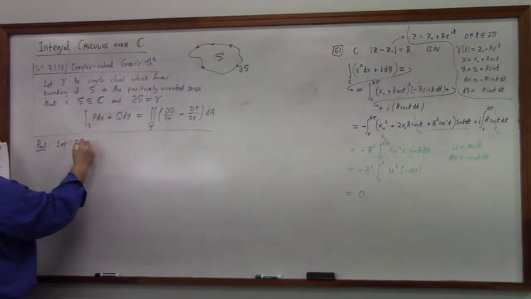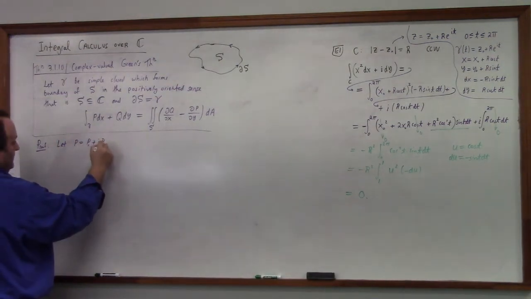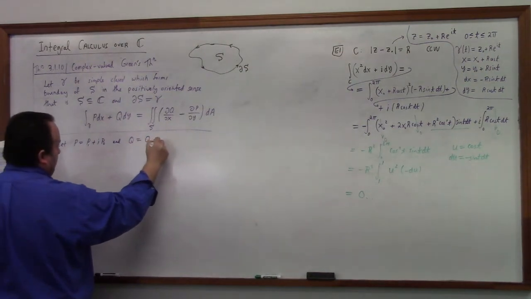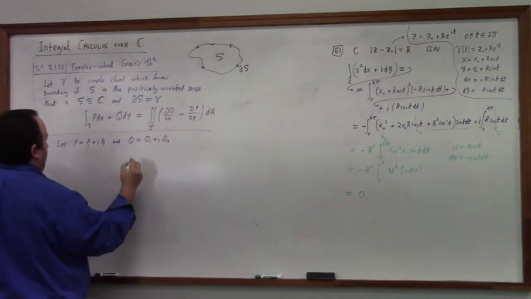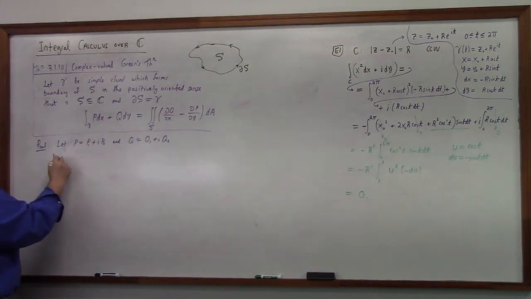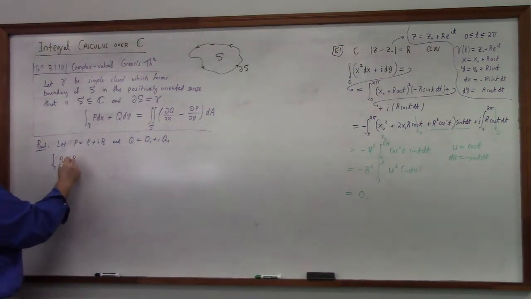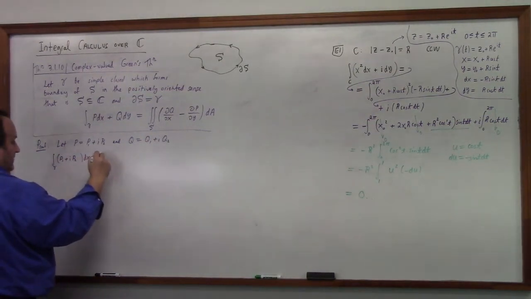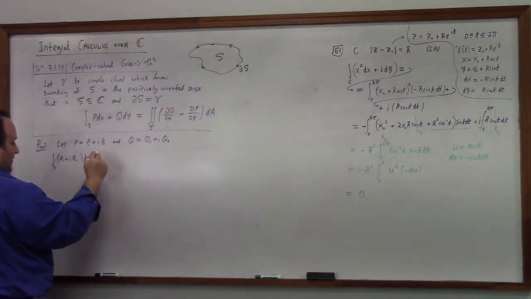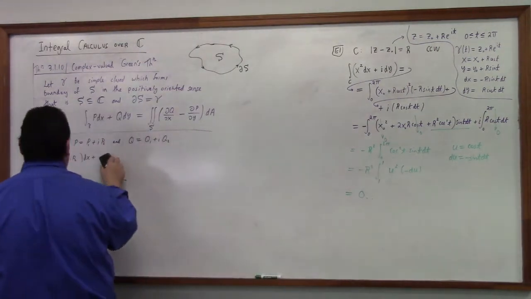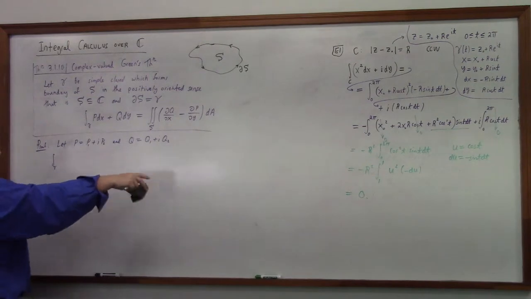Let P equal P1 plus iP2 and Q equal Q1 plus iQ2. All right. Then if we look at the integral over gamma of P1 plus iP2 dx plus Q dy, I'm just rewriting what I wrote over there, guys, okay?